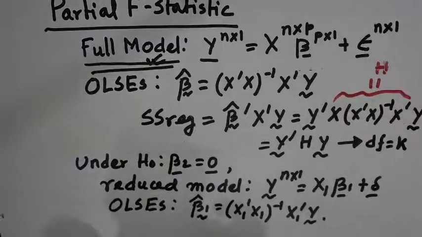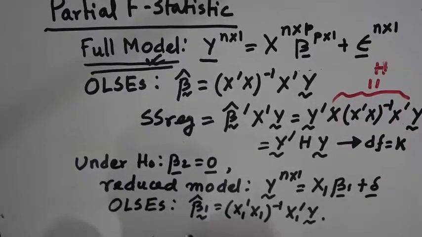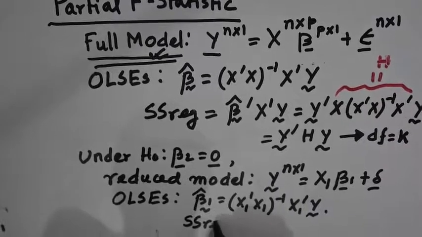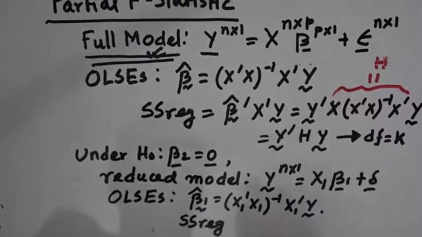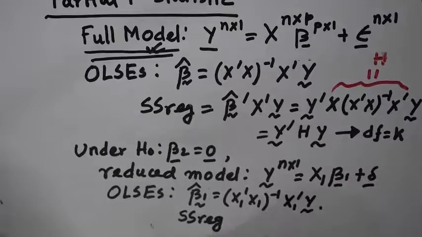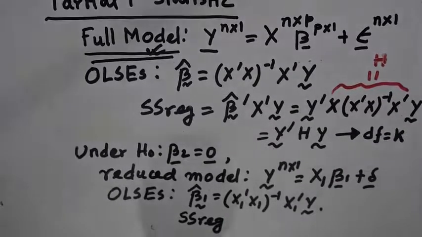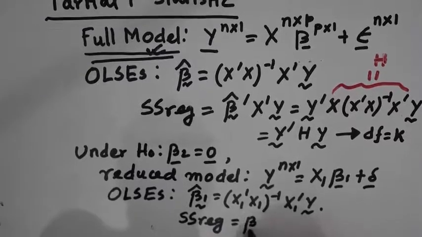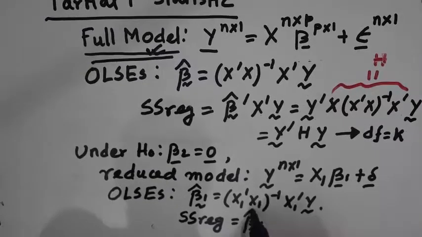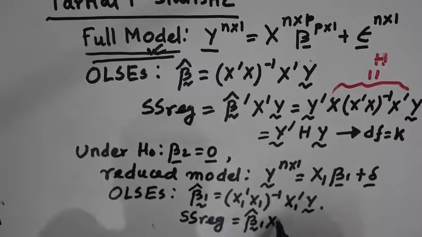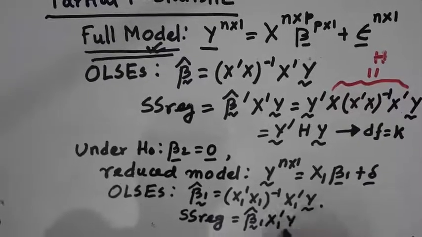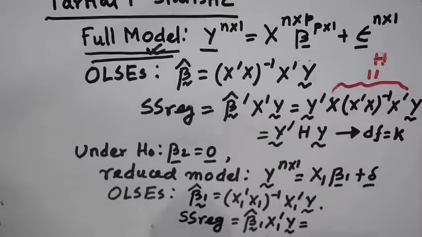and SS due to regression for this reduced model is equal to beta 1 curl prime X1 prime y curl.